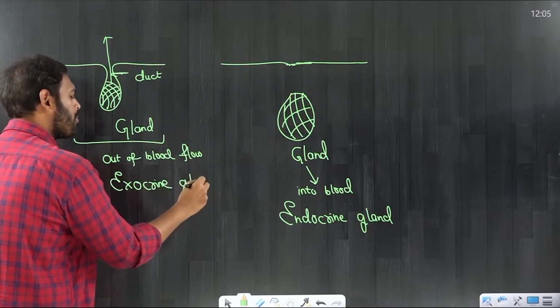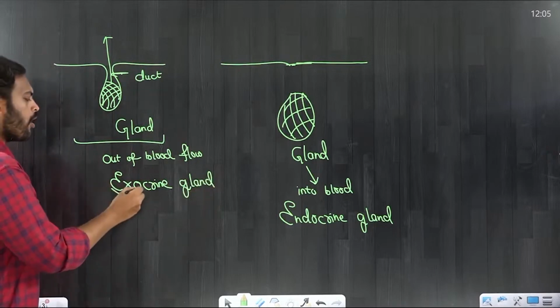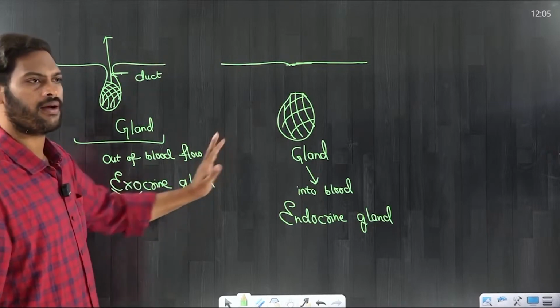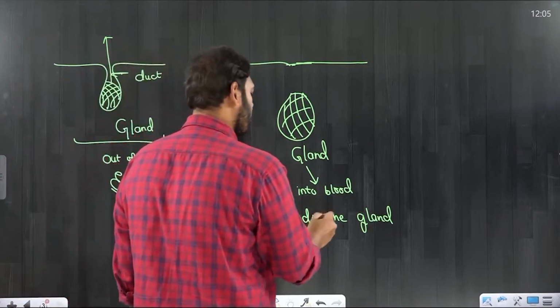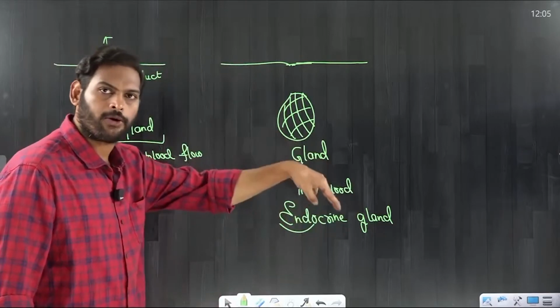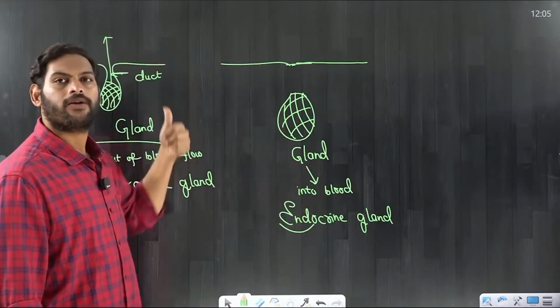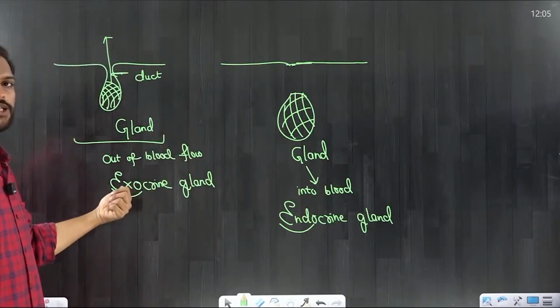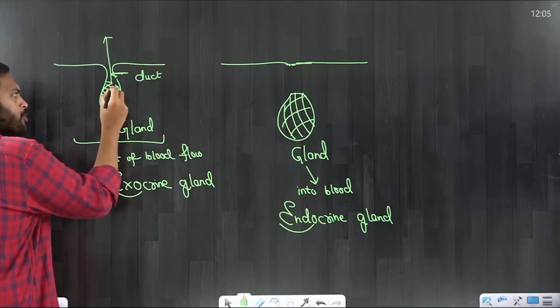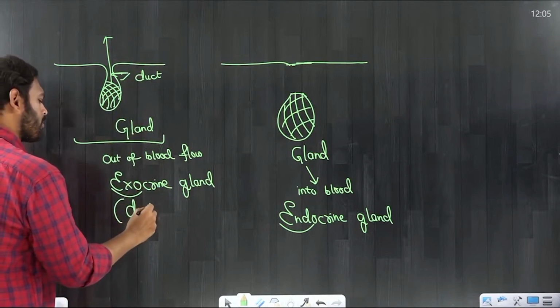Now you got the nomenclature explanation. Exo, outside the blood. Endo, into the blood. Endo means into the blood supply. Exo means outside the blood supply. Therefore, exocrine glands possess ducts, so we also call them ductus glands.